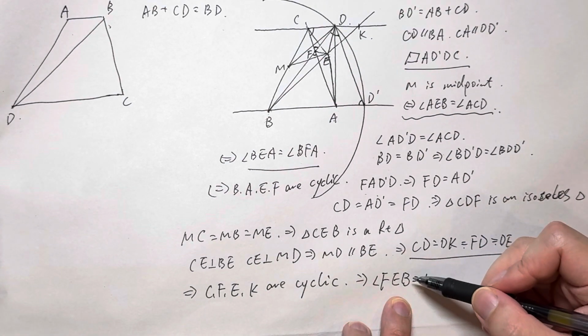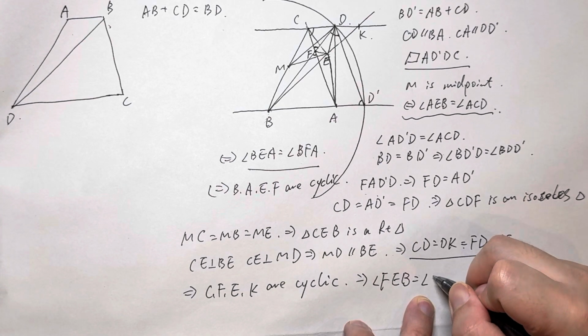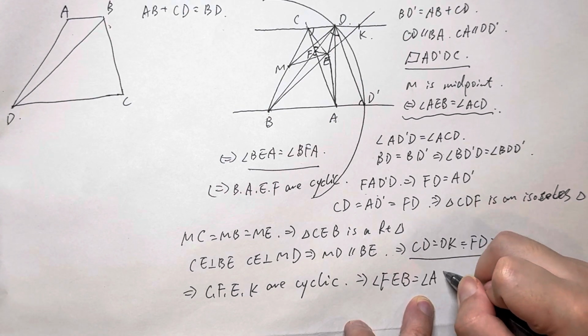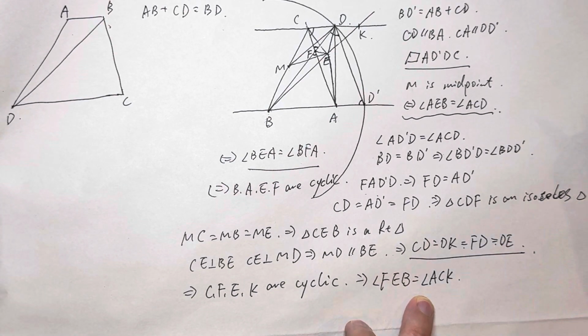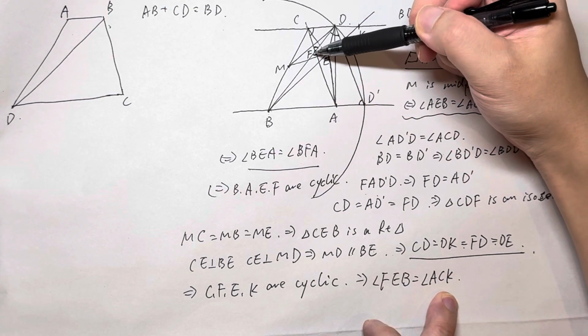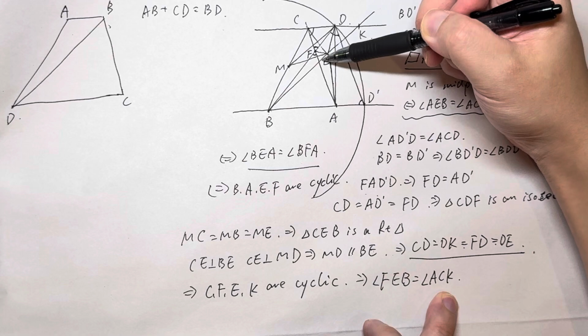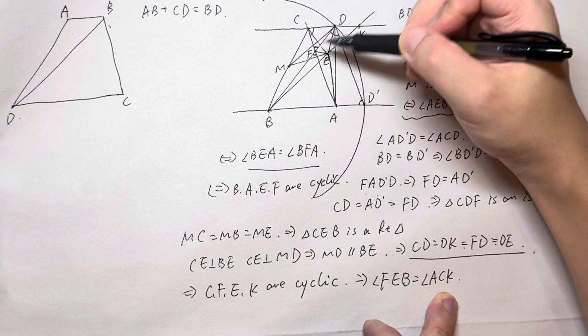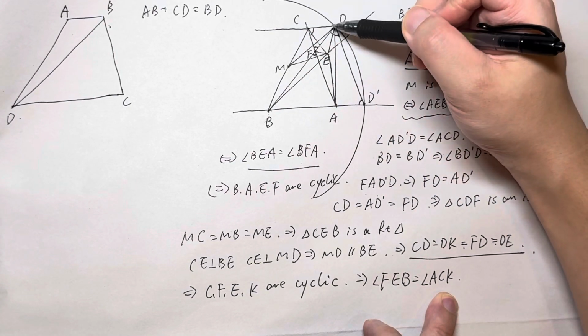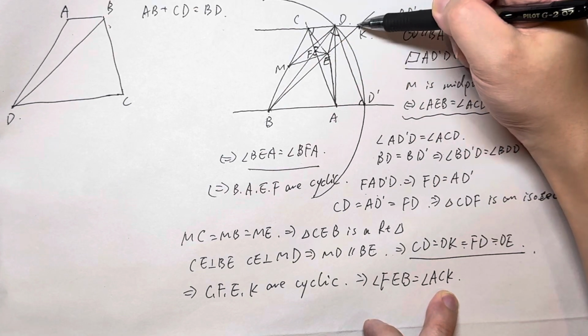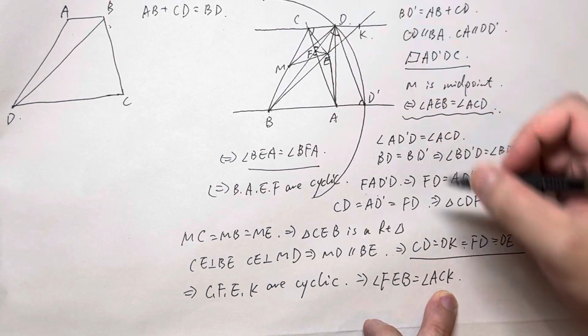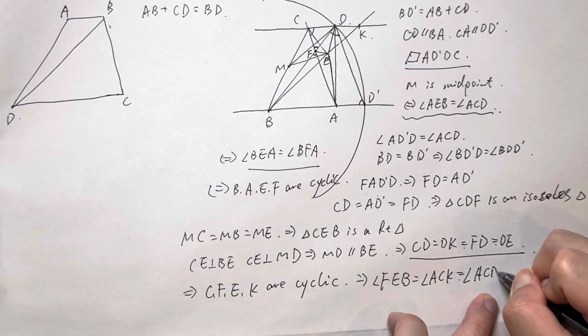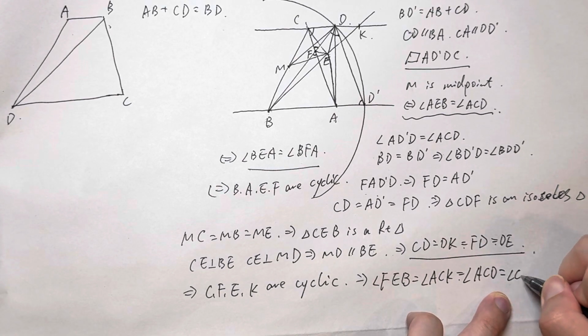The angle FEB equals angle ACK. And because CD is parallel to BA, we know that the angle ACK is actually angle ACD, right? And it equals angle CAB.